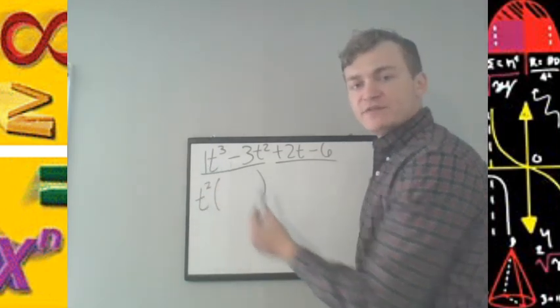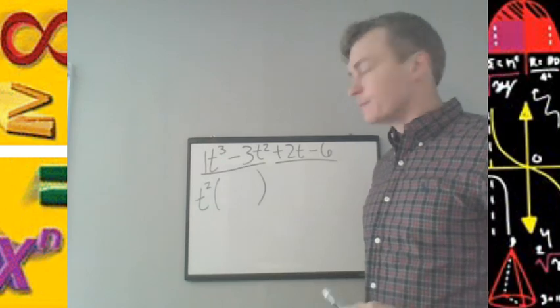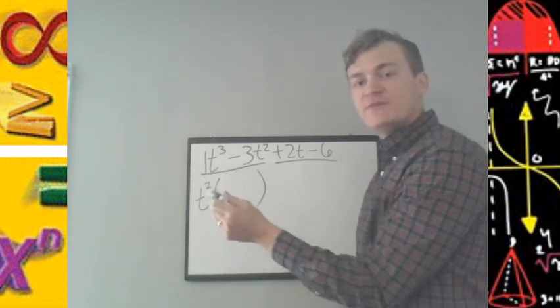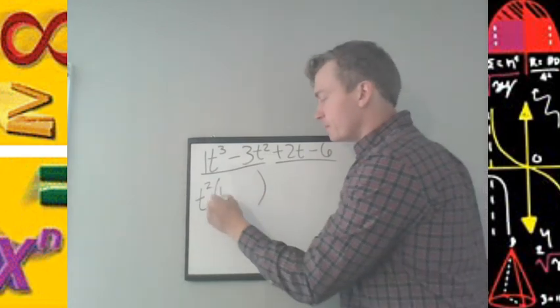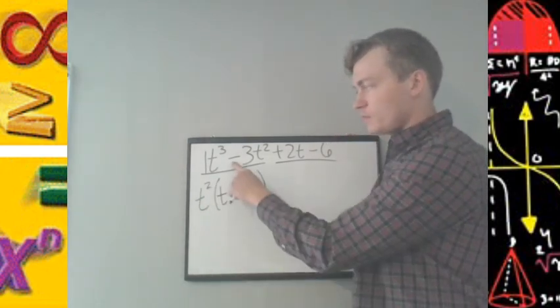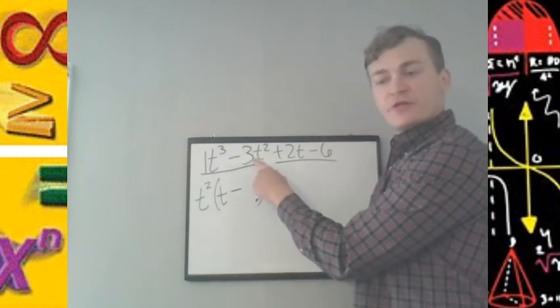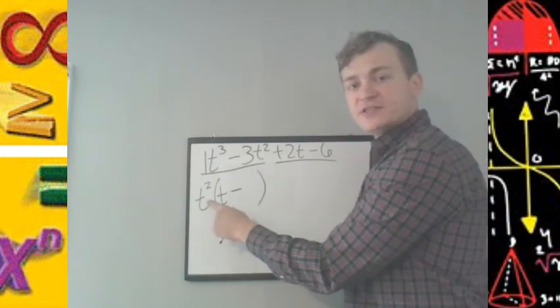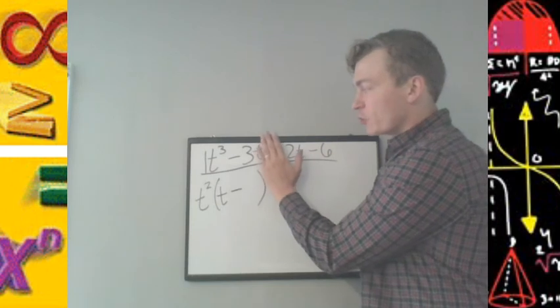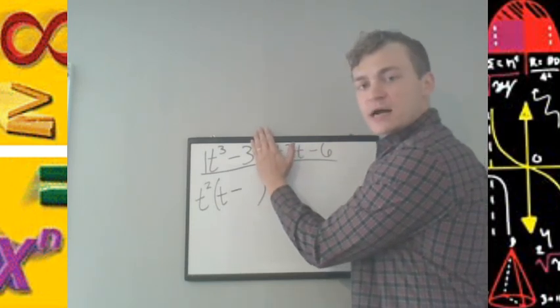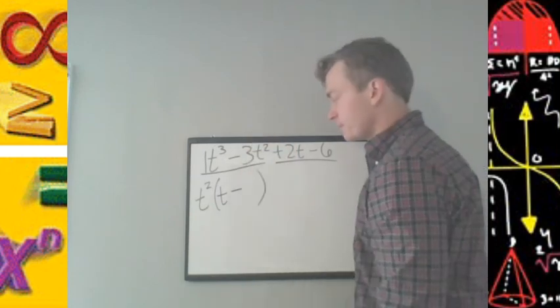Factoring t squared out of t cubed, what do we leave behind? Here's 2 factors, here's 3. I'll leave behind 1 factor of t. Minus sign. 3t squared, but I factored out t squared. So if I remove the t squared out of the term, I'll leave behind minus 3.